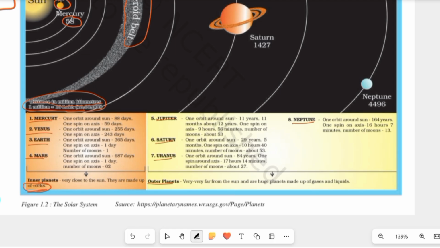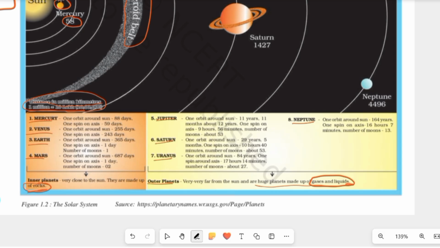Like our Earth is made up of rocks. Then the other planets, which are outside of the asteroid belt, are known as outer planets, and are very far from the Sun, huge planets made up of gases and liquid. These are Jupiter and Saturn, and these are not made up of rocks.